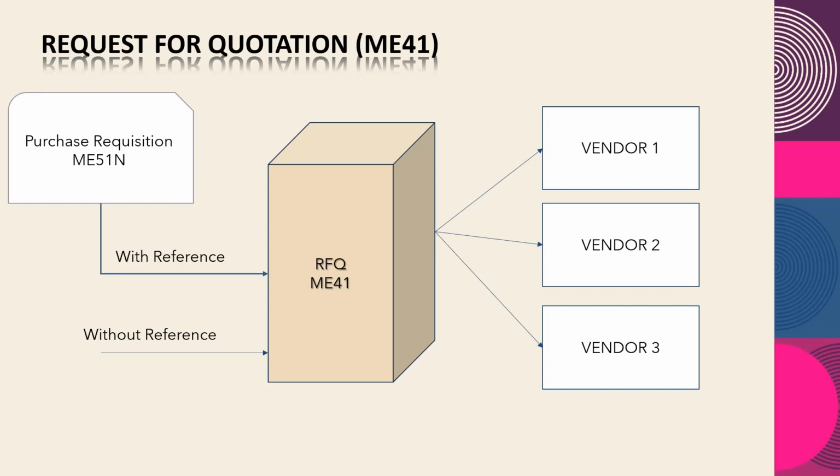We have to set a deadline for the vendors so that they reply within that deadline. It contains many things, for example, vendor conditions, delivery date of vendors, freight conditions, discount, etc.